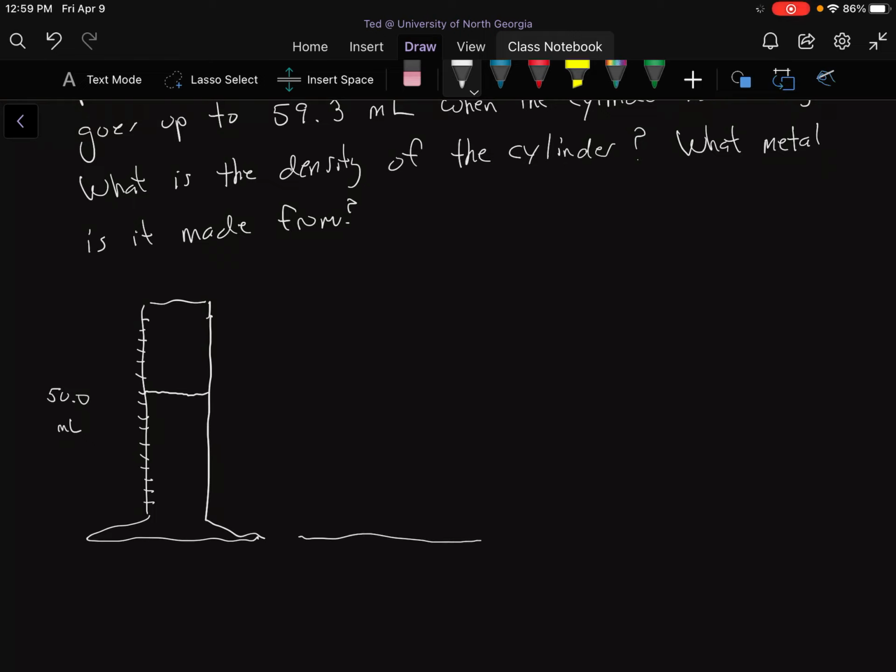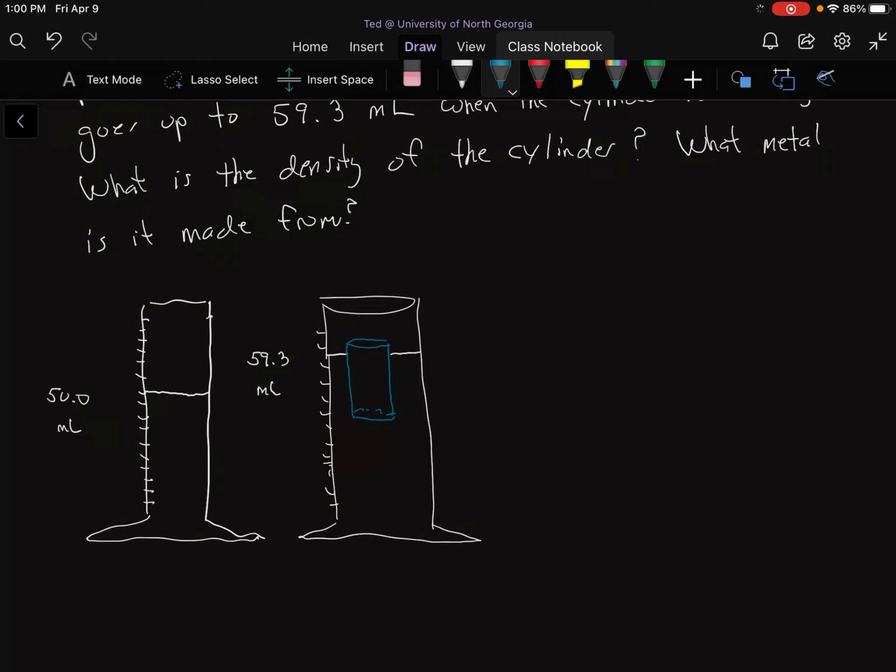Then we drop in a cylinder of metal, and because we've dropped in the cylinder of metal, the mercury level has now gone up to 59.3 milliliters, and this metal cylinder is now floating in the mercury, partially but not fully submerged. Okay, and we are supposed to find the density of that metal cylinder.